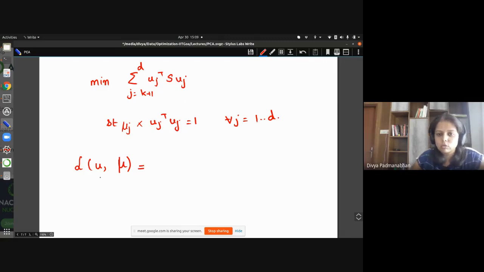Let me call the multiplier lambda to avoid confusion, since mu and u look similar.